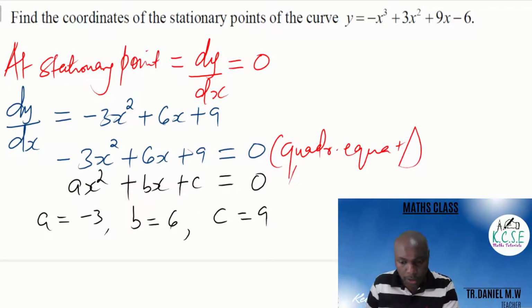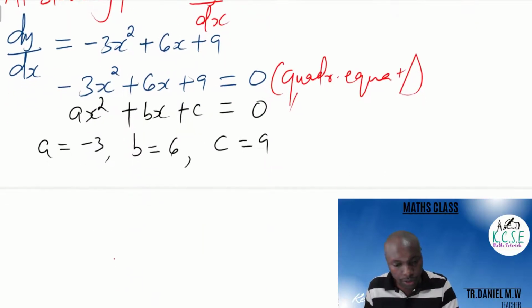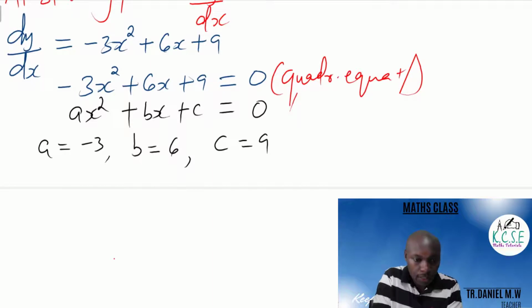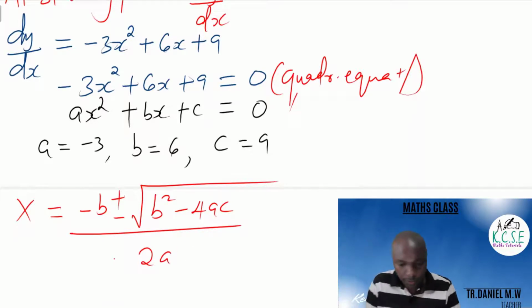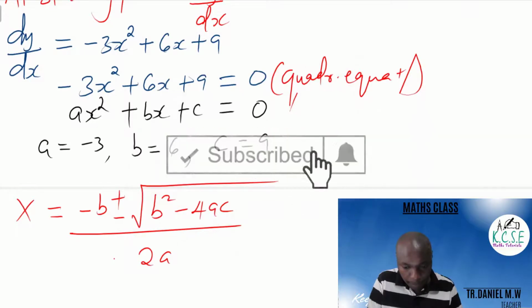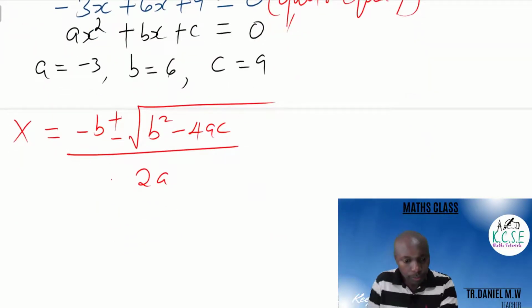So using the quadratic formula, of which most of us are aware, the quadratic formula states that x should be given by negative b plus or minus the square root of b squared minus 4ac, everything divided by 2a. So substituting these values of a, b, and c, what do you get?